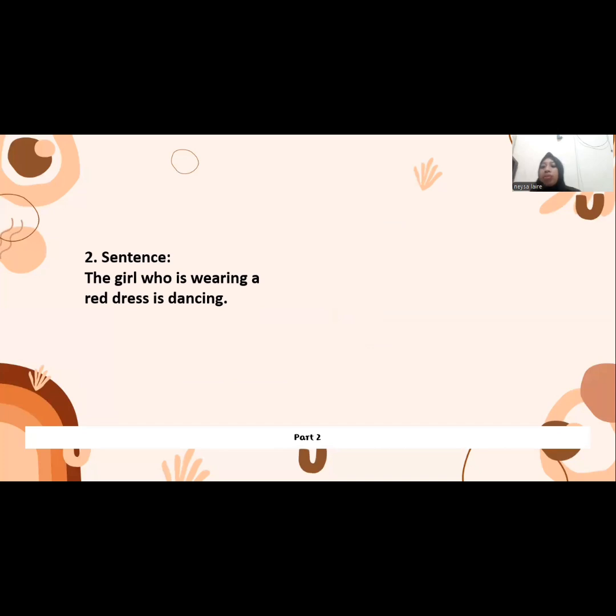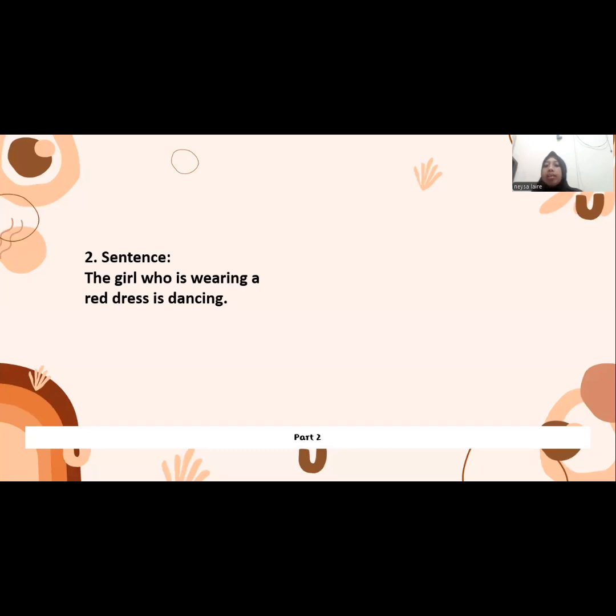The diagram structure description: subject noun phrase, determiner the, noun girl, CP relative clause, who, subject noun phrase who, verb phrase, auxiliary is, verb phrase, verb wearing, noun phrase, determiner a, adjective phrase red, noun dress, verb phrase, auxiliary is, verb dancing.